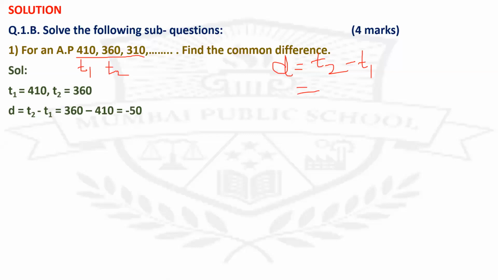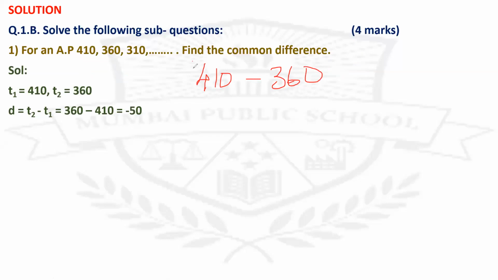Now here again, most of the students make a mistake. They think that 410 is bigger, so I should write 410 first. And in the solution they write it as 410 minus 360, because they think 410 is the greater number so it should come first. No, it's wrong.